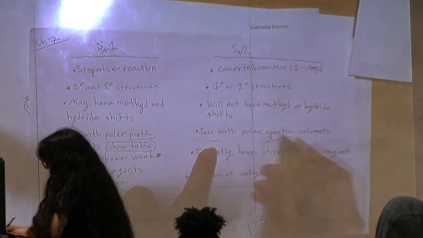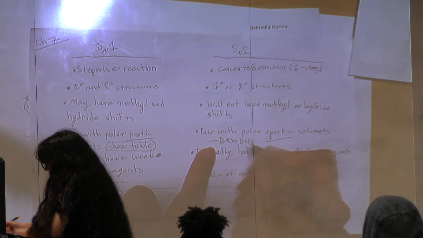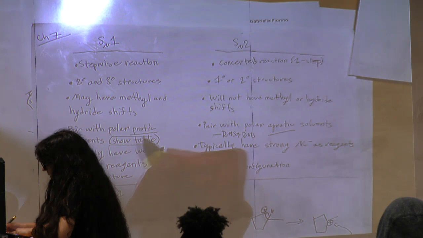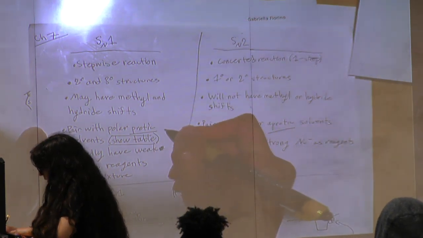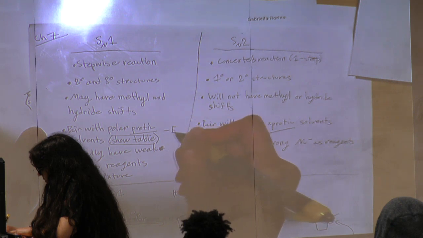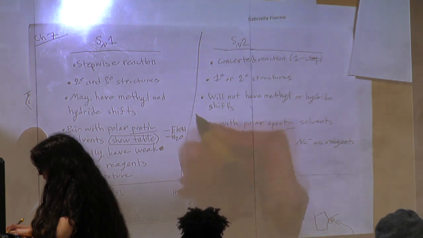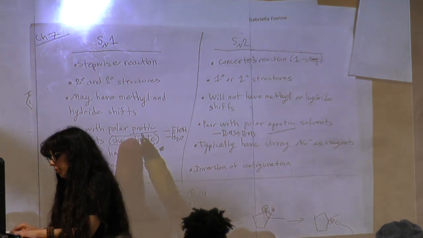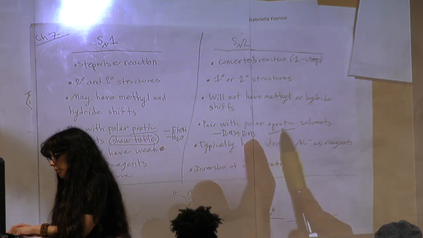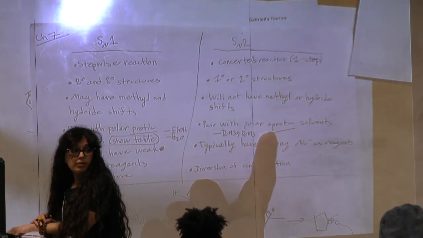So an example of a polar aprotic solvent would be like DMSO, DMS, and you have a few more. Some examples of polar protic solvents would be like EtOH, so ethanol. You could have water there. You could have different ones. A way that I remembered this: if you have protic, that means you have a hydrogen. Aprotic means you don't have a hydrogen, right? Because proton is H+, it's hydrogen.